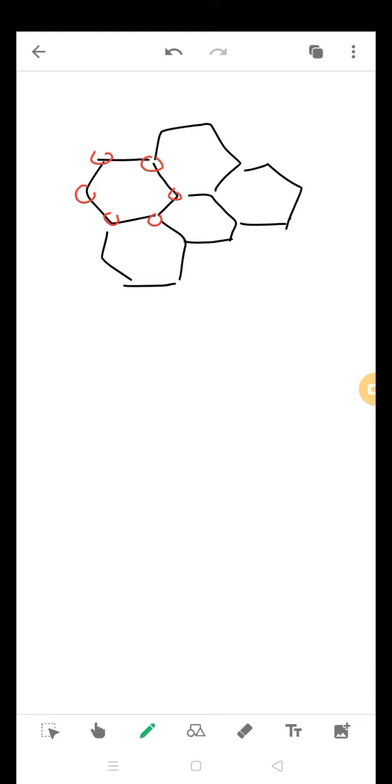So you have a stack of hexagons, so let's write it as hexagons.